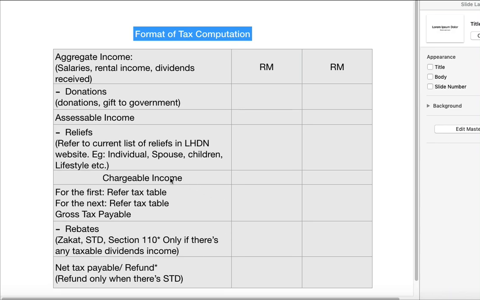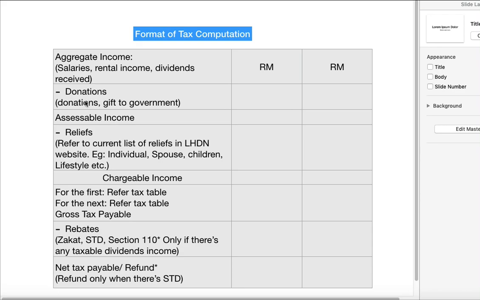We are going to do the case for the client, or in the case study. We are going to total up the aggregate income, which comes from the salaries, or if there is any rental income or dividends received, and then minus the donations.